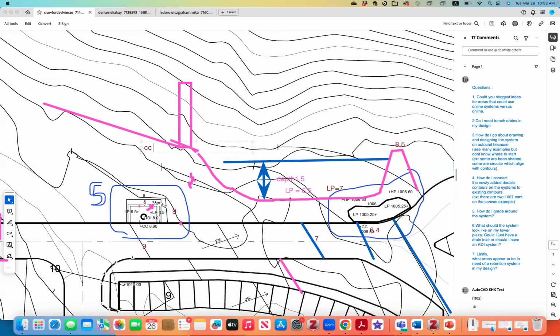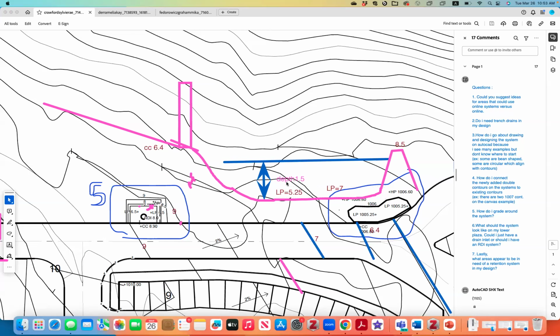So we will change this to curb cuts, 6.4 here. And then the bottom is, so your LP here, 5.25.